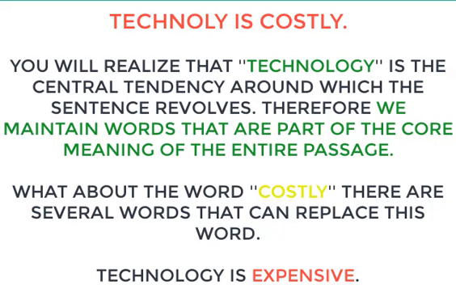What about the word costly? There are several words that can be used to replace this word. Example: "Technology is expensive." What have you noticed here? You will realize that we can use synonyms in summary writing. 0 is awarded to candidates who copy word for word from the passage.